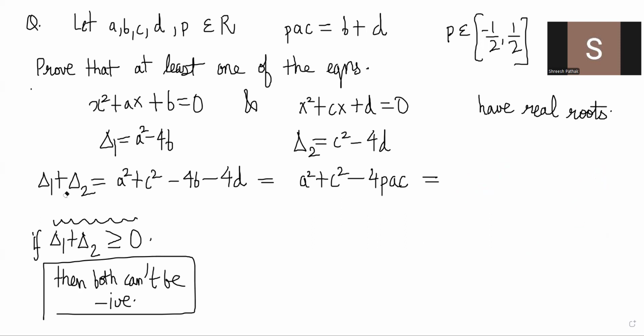So, would it be fine if we consider delta 1 plus delta 2 negative? Then you have to show a contradiction. Yes, sir. There I can plan a way. That will be a simple AM-GM inequality right there.